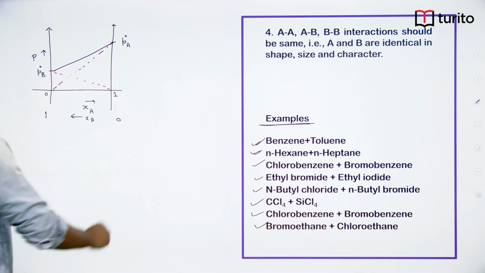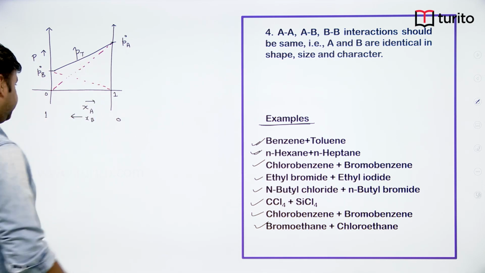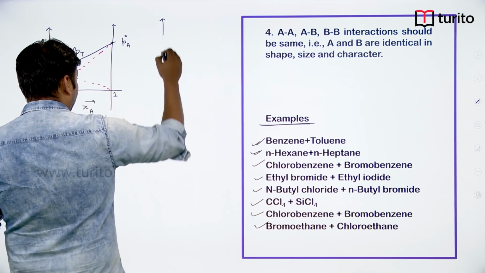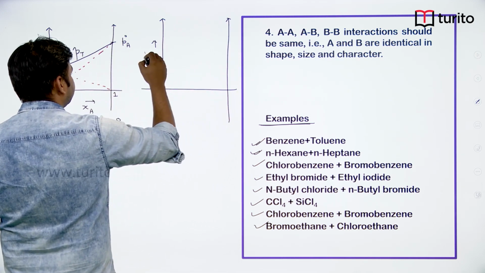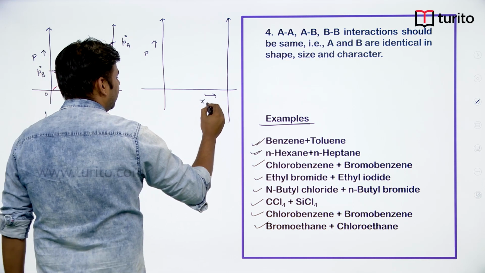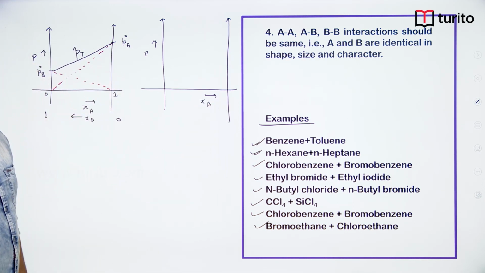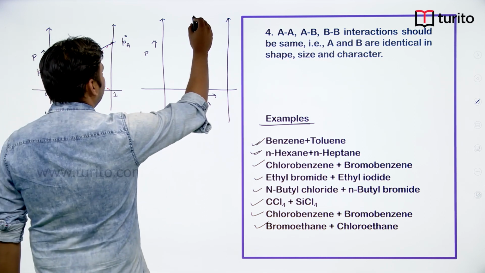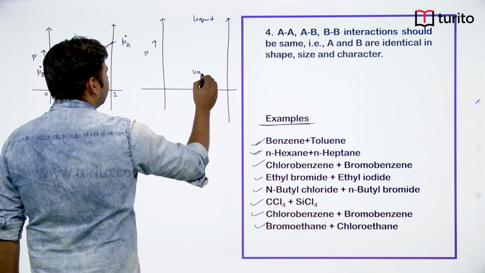So I have already told this to you and we have already done some questions on this. If we want to plot both liquid and vapor phase together, we know that at very high pressure, because molecules would be close to each other, only liquid will be the stable state, and at very low pressure vapor would be the stable state.